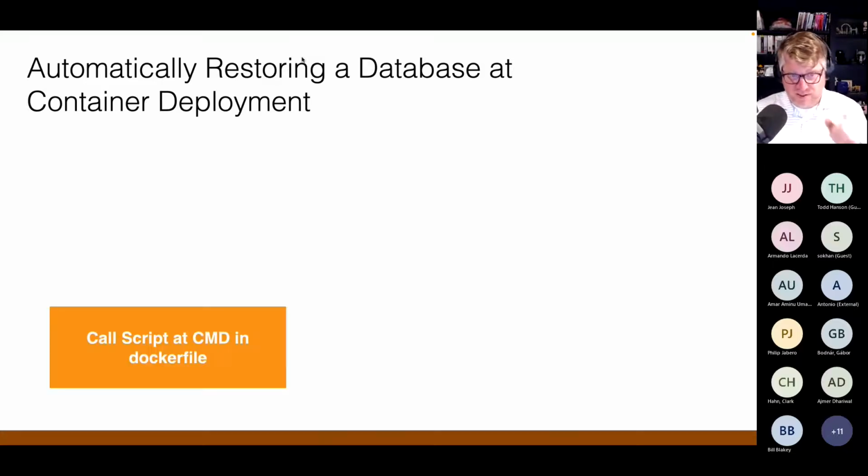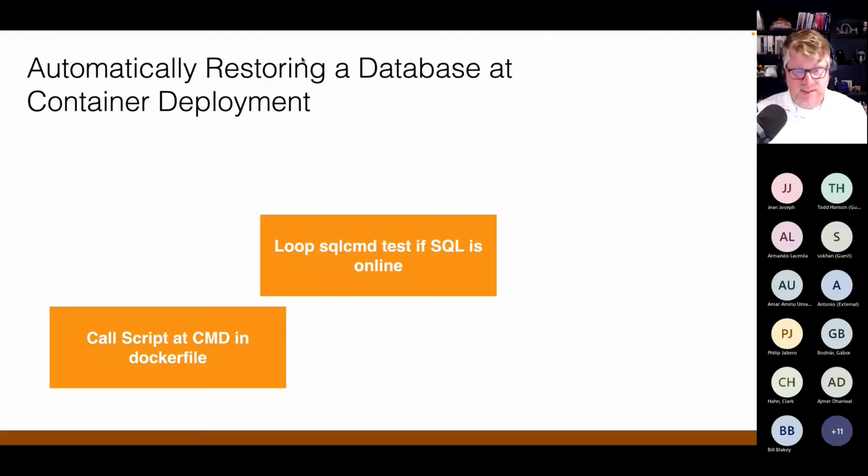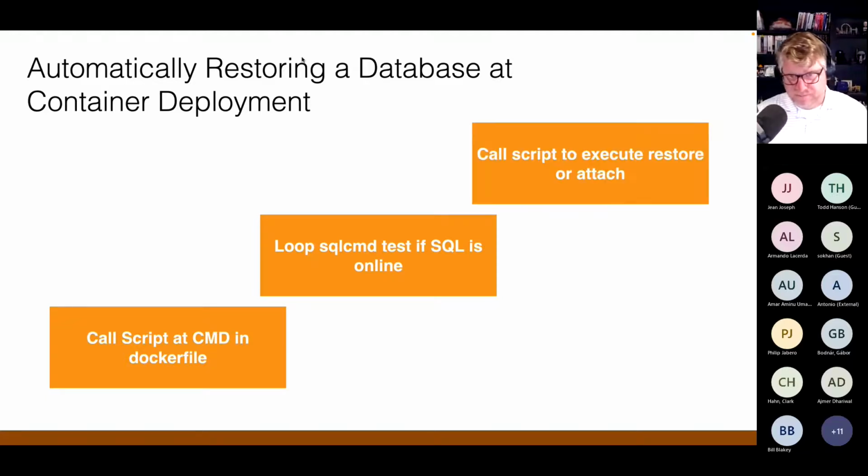Well, what if I call a script in that Dockerfile instead of calling SQL Server to start? The first thing that'll happen is I call this script. What that script will do is check over and over again, hey, is this SQL Server online yet? Because SQL Server does take a few seconds to start up, just to boot and get the process started. Then once SQL Server has started, I call another script to execute a restore or an attach.